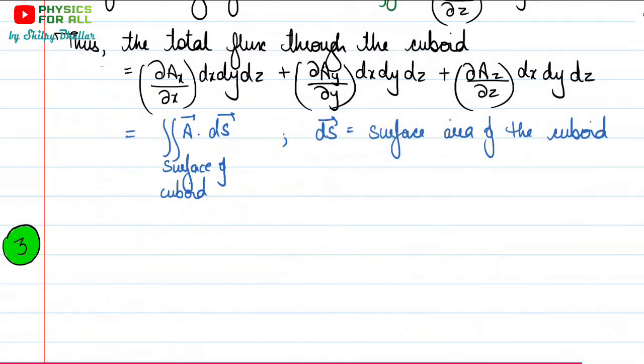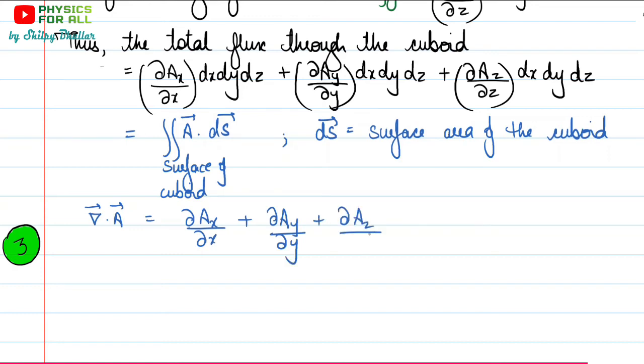So this is what we have obtained, but we also know the expression for divergence. We can write it down. We know that the divergence of any vector, so if it's vector A, is written as curly ax upon curly x plus curly ay upon curly y plus curly az upon curly z. This we already know. So what we can do is, here you can see we have all these terms present.